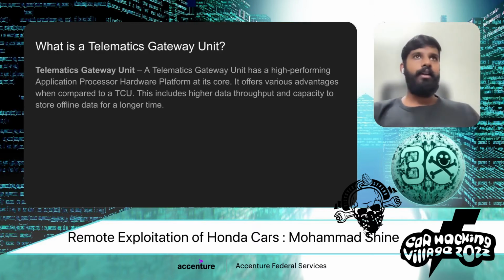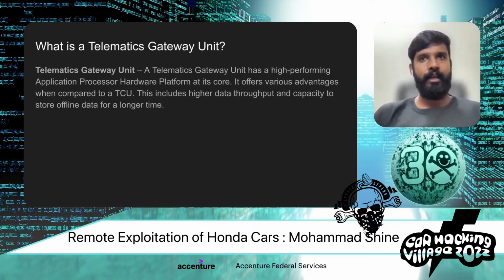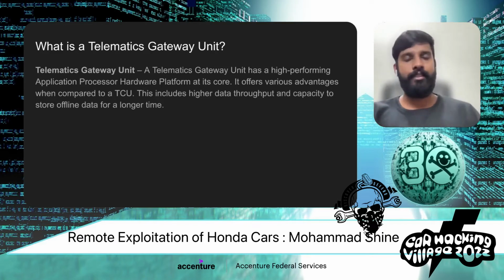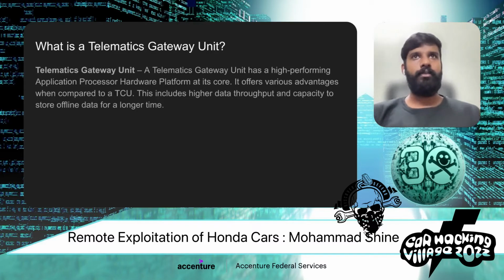Most of the research was on the telematics control unit, and I found that a car can be connected to another car so they can communicate with each other, or to the internet, to mobile phones, etc. The telematics control unit was the main thing that interested me.